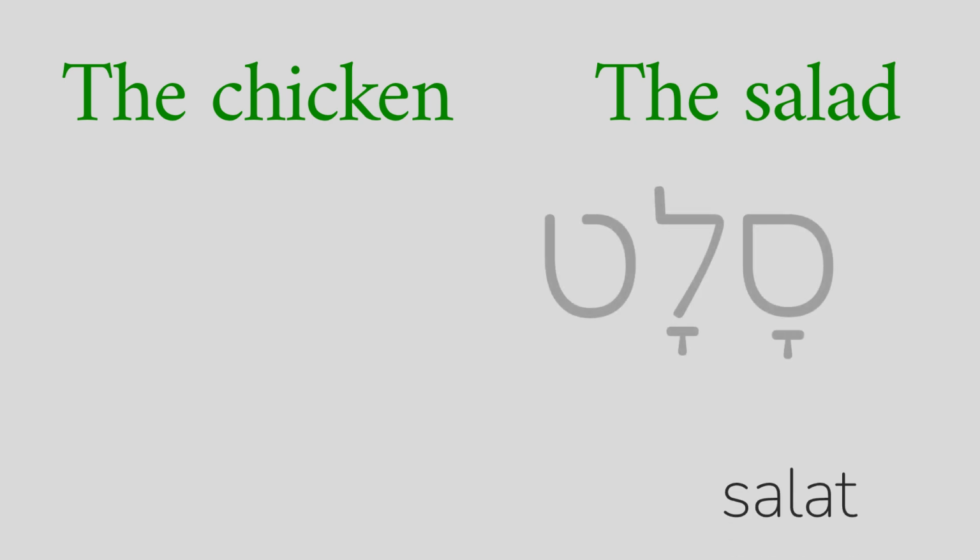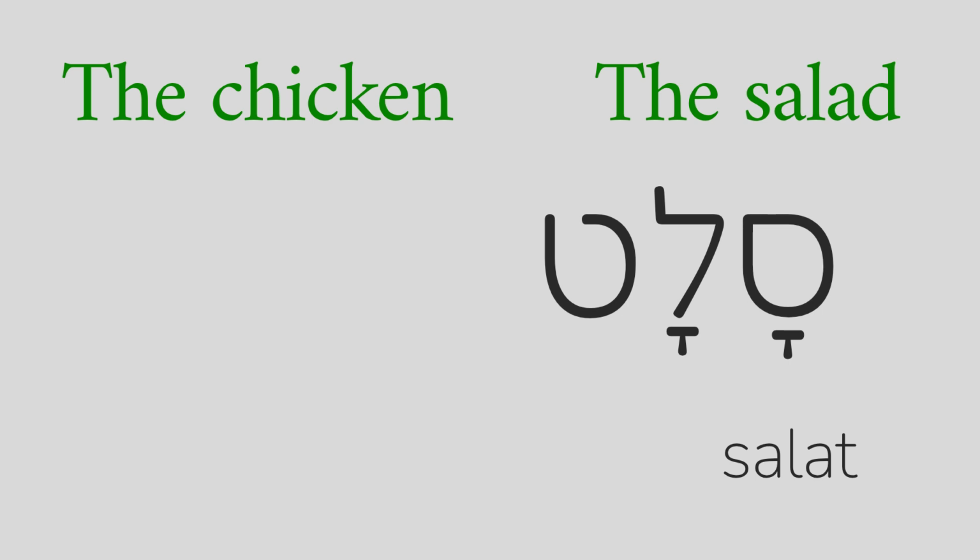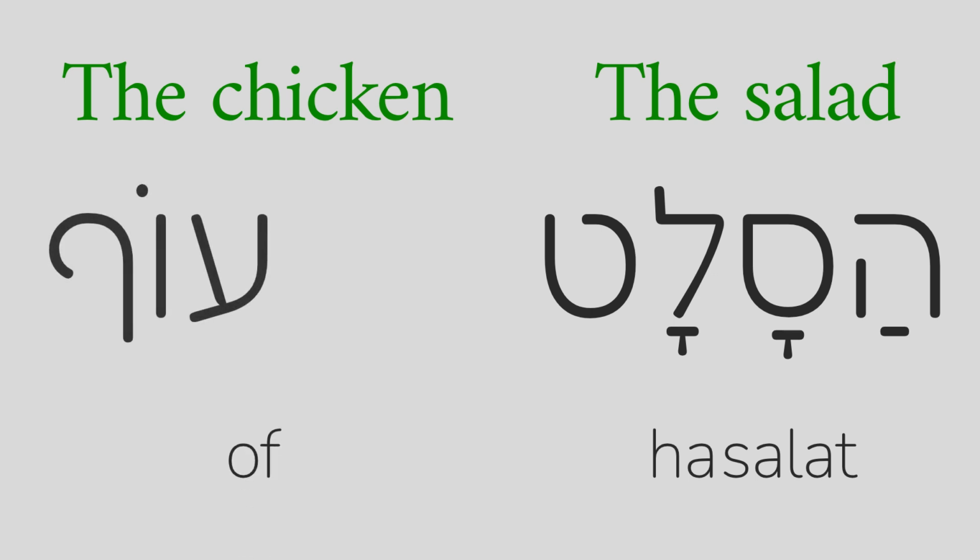So we can take the word salat, salad, and attach a ha onto it to get ha-salat, the salad. We can do the same thing with of, attach a ha onto it to get ha-of, the chicken.